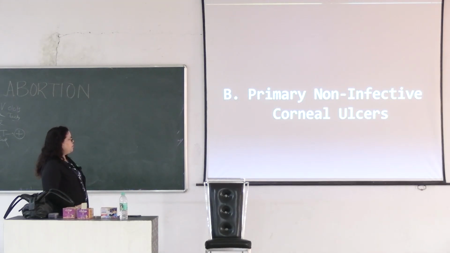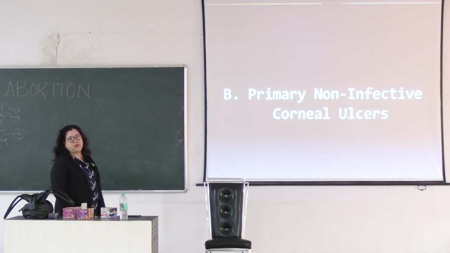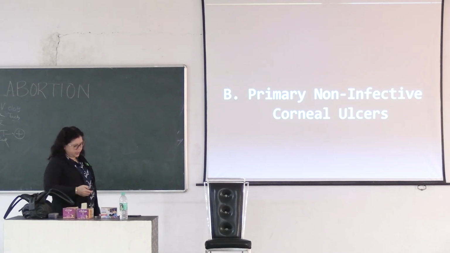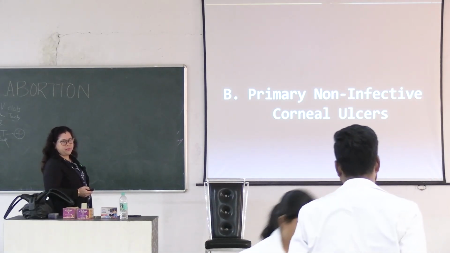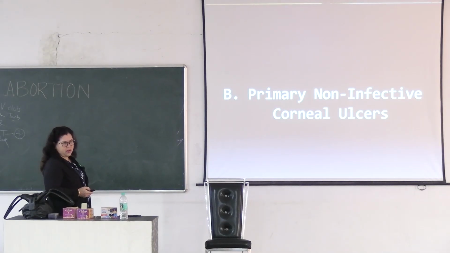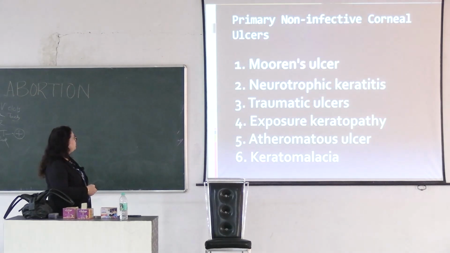Then we come to the primary non-infective corneal ulcer. Here infection does not occur, but it occurs due to autoimmune disorders, trauma, any kind of exposure, or any kind of nutritional deficiency.